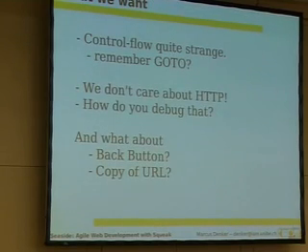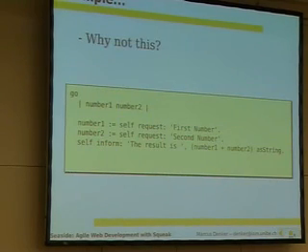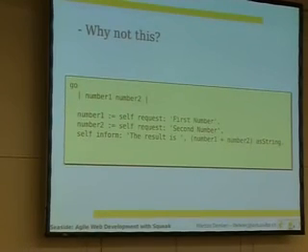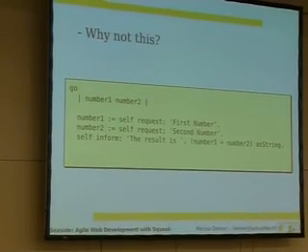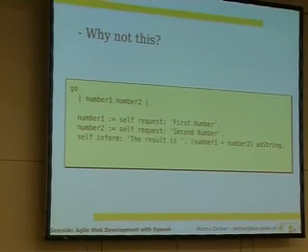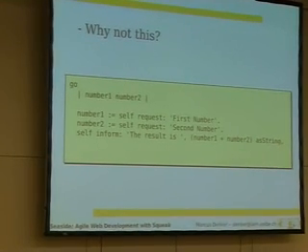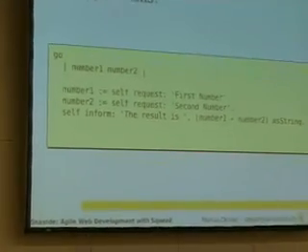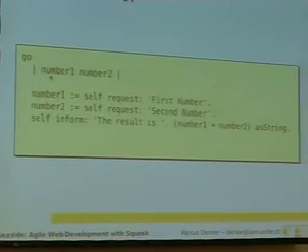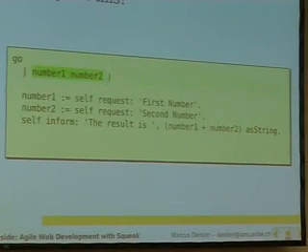I really don't care about programming all that by hand. So in the end, the question is, why can't I write this program with back button support and with copying the URL in the browser? Why isn't that possible with 3 lines of code like that? So I have 2 variables, number 1 and number 2.